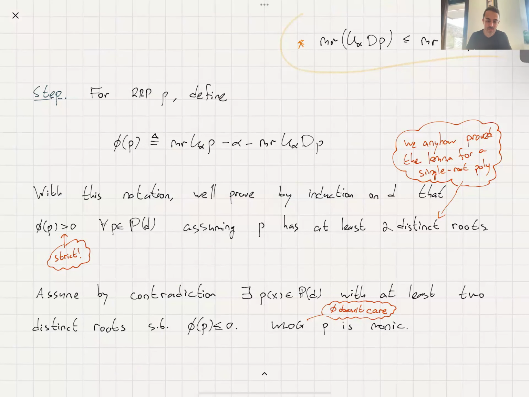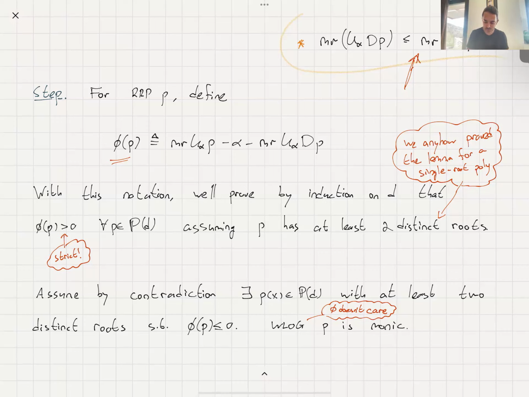Good. So that was the base case. Let's move to the step of the induction. And again, we want to prove this, and we want to prove it strict when there are at least two distinct roots for P. So to do that, let's define this function phi of P to be exactly what we are trying to prove, but all pushed to the right-hand side.